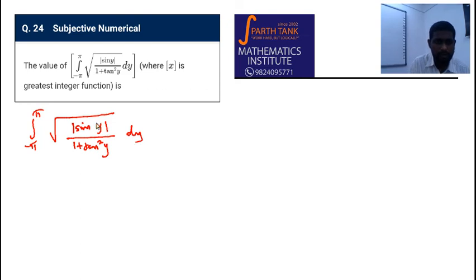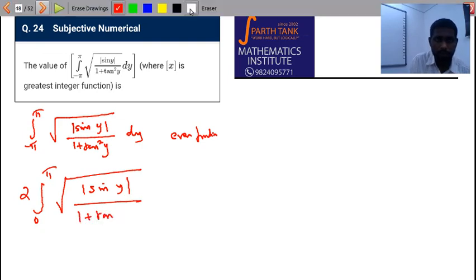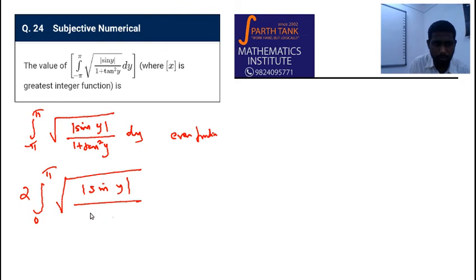Now this mod sine y is going to make it positive even when y is negative. So the whole thing is an even function, right? So I can write this as 0 to pi, 2 times of course, sine y by 1 plus tan squared y. Of course 1 plus tan squared y we already know is secant squared y.